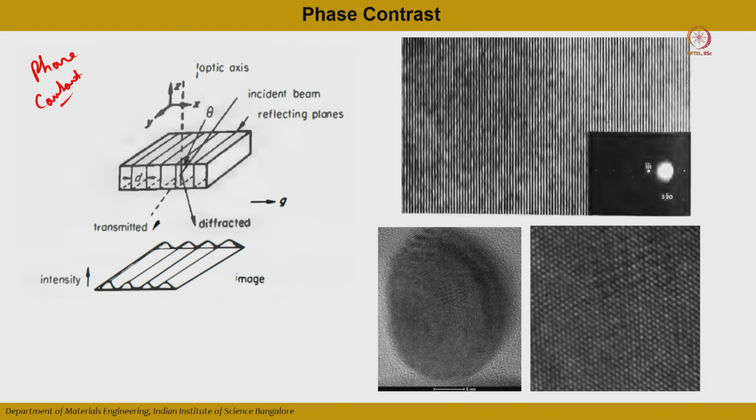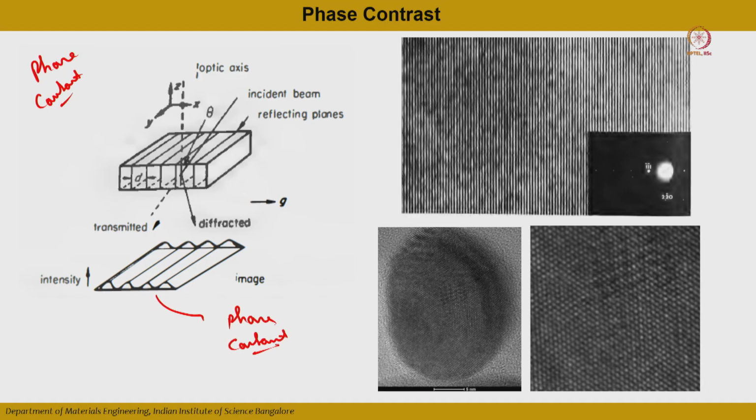Now we will come to the phase contrast. As I told you in the last class, phase contrast is when an incident beam falls on the sample, and the outgoing transmitted and diffracted beams are merged again to form an image, which is called a phase contrast image.